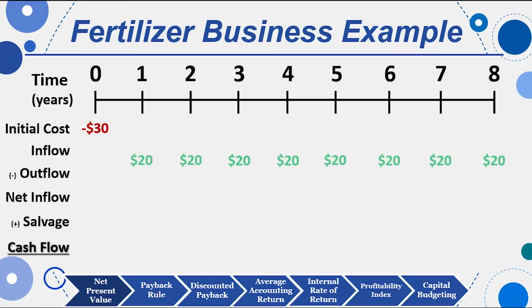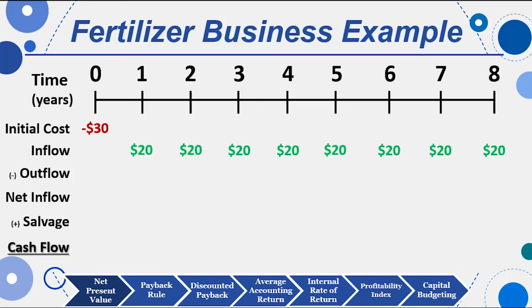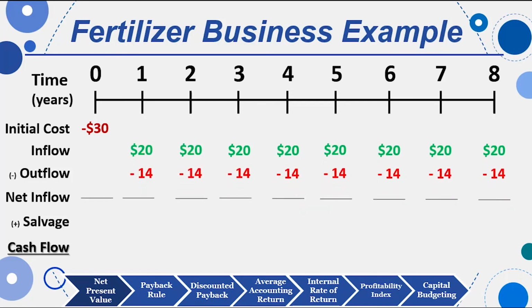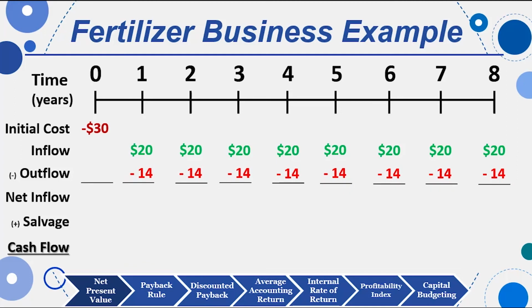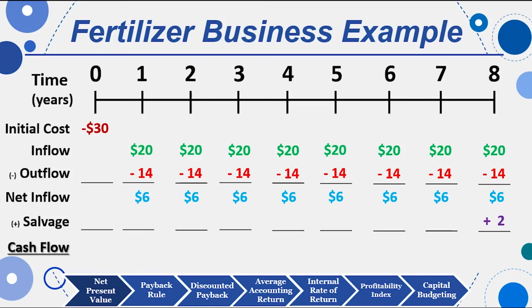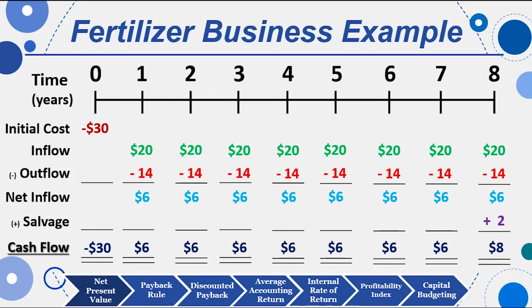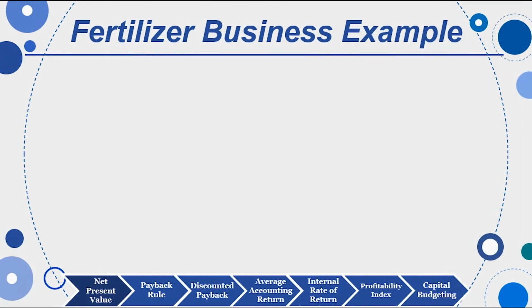Initial cost is $30,000. For that, we're going to get a cash revenue inflow of $20,000, cash cost outflow of $14,000 each and every year for 8 years, giving us a net inflow of $6,000. So it looks like an annuity to me. Salvage value at the end of the project is $2,000. And there are our total cash flows that we're going to discount back to today to see if this is a worthwhile project.